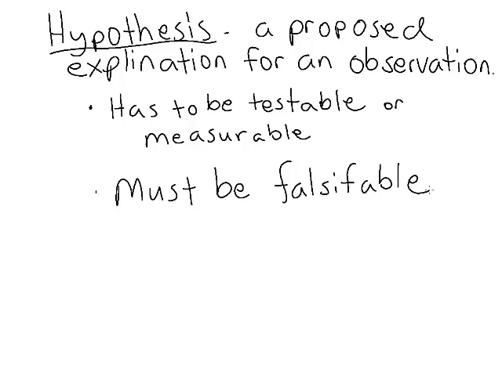Now, statements that are value judgments are not scientific because different people will have different opinions. So it can't necessarily be proven false. One person will believe it's true and one person will believe that it's false, but it can't really be shown to actually be false.